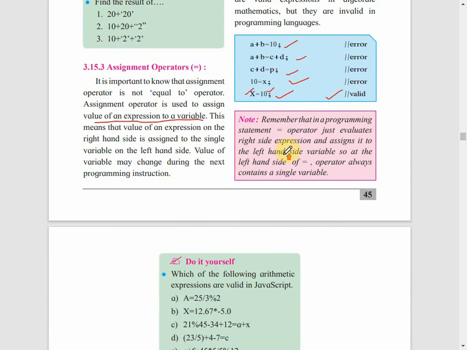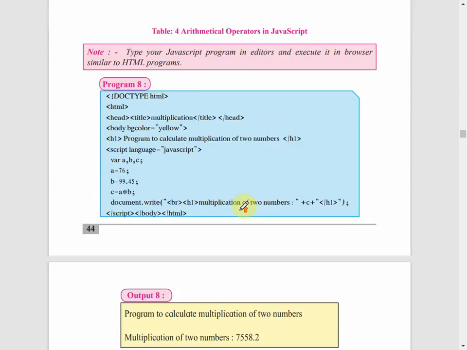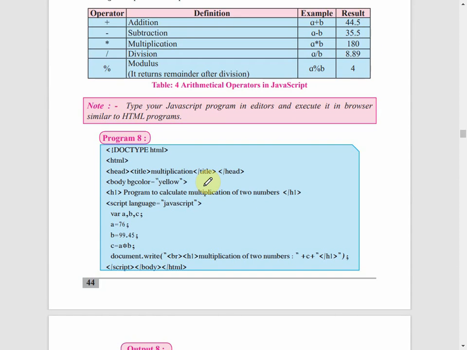I hope you understood how to assign a value to a variable and how to write a JavaScript program in HTML. There are two places where you can write a JavaScript program: the first place is the body section and the second place is the head section. By using either method, you can write your JavaScript program.